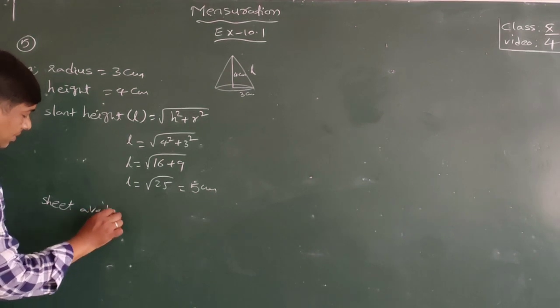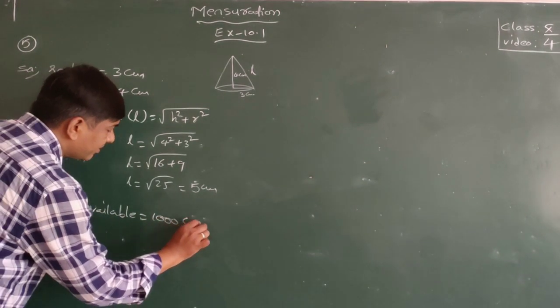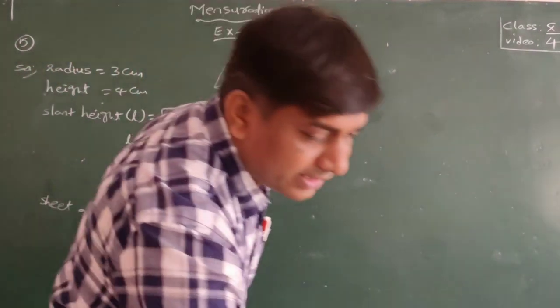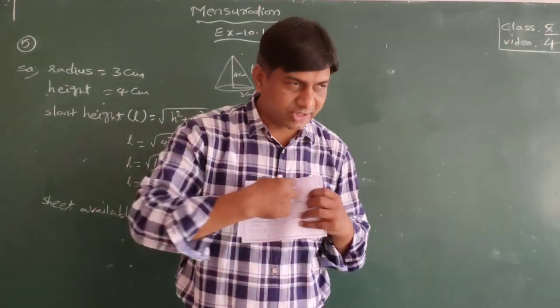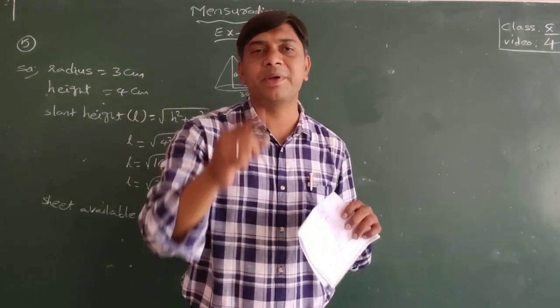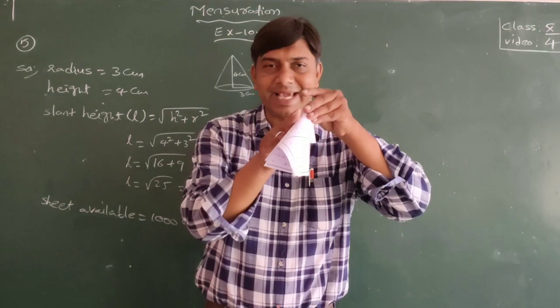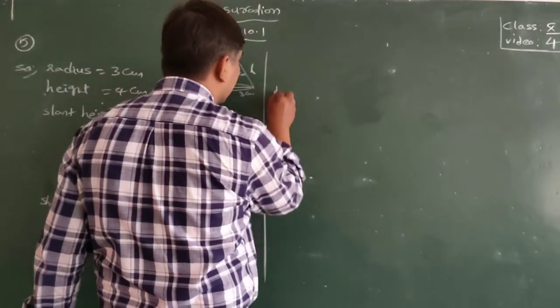Sheet available is equal to 1000 centimeter square. Now, how many caps can you make in this sheet? It is the total sheet available divided by the material required for each cap.